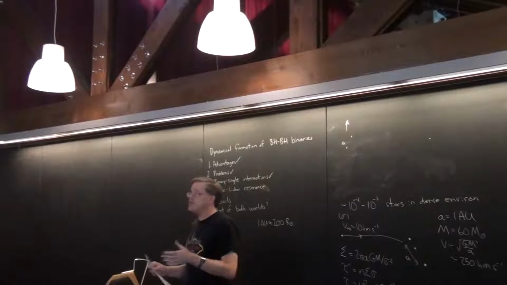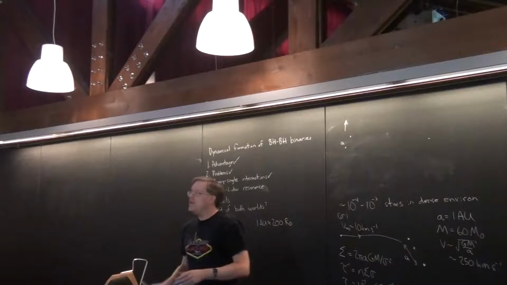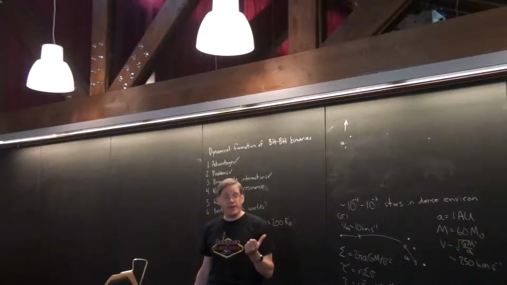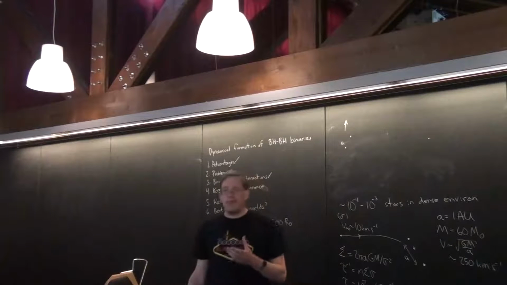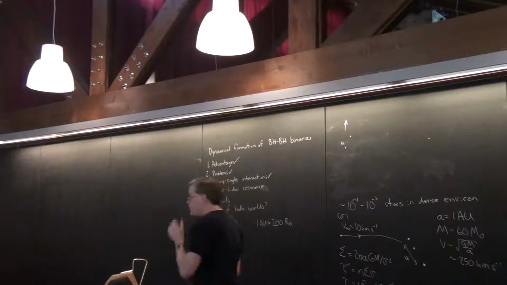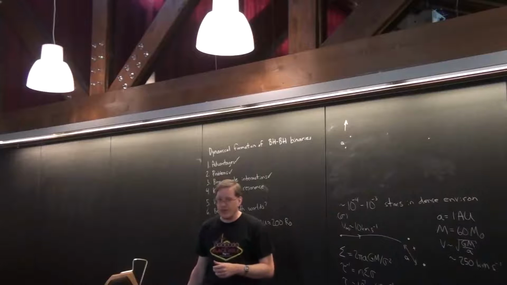Now, there are a couple things that we do have to keep in mind here. First of all, you might imagine that this is a process that could equally well operate in the field. When we think about binaries, we think about two stars. If these are two massive stars, it is, however, very difficult to see a third star if it is around there.